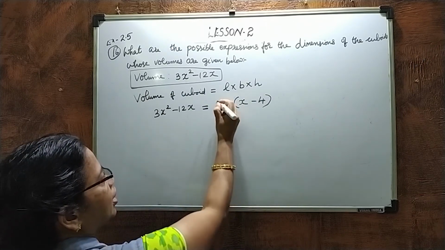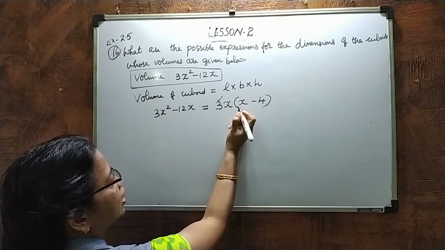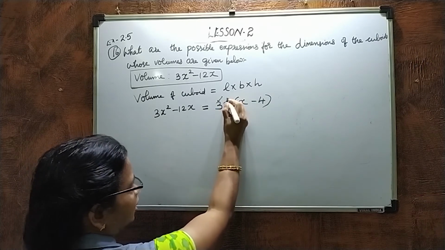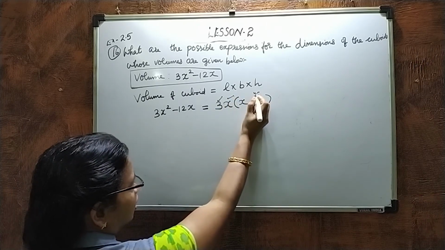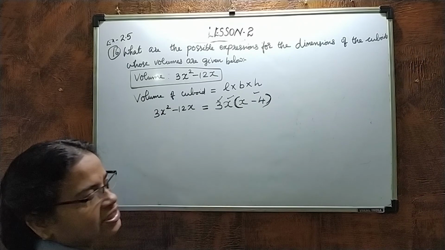From here what can we write? 3 we can take as length, here breadth we can take, and this one together is height.